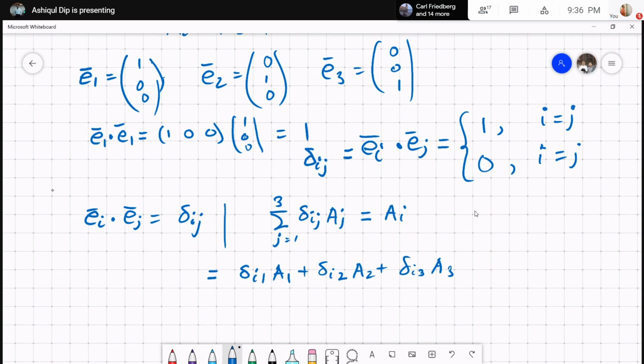This thing equals... i cannot take just any value; it has to be 1, 2, or 3. If i equals 1, you get this part only, and the rest become 0. Same thing for 2 as well; you get only that part, and the others are 0. So whatever i is, you only get that part.